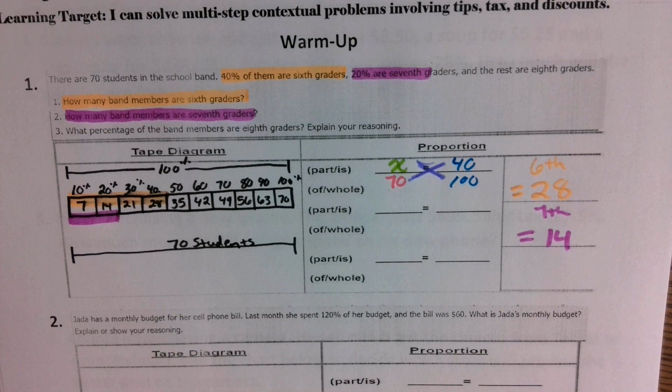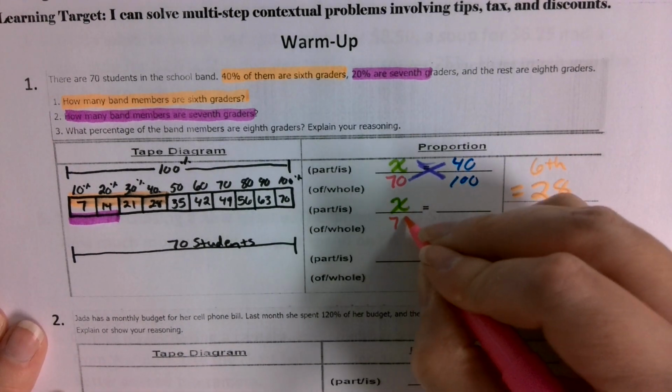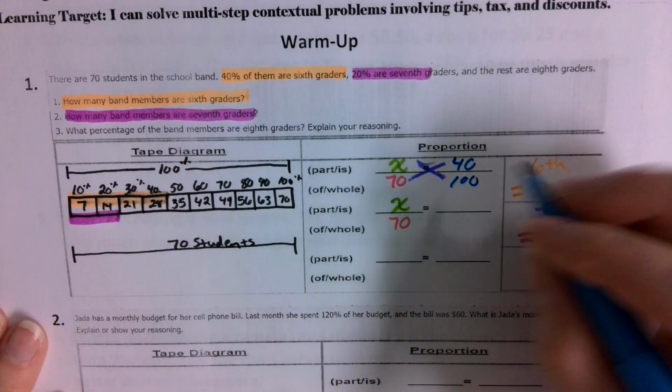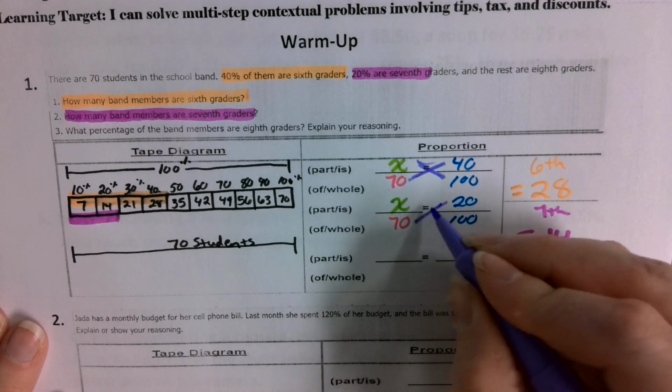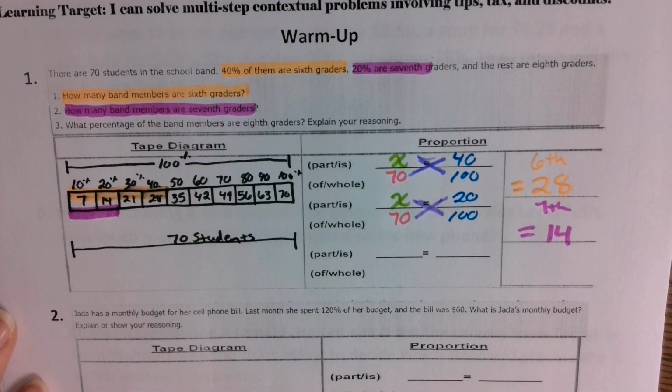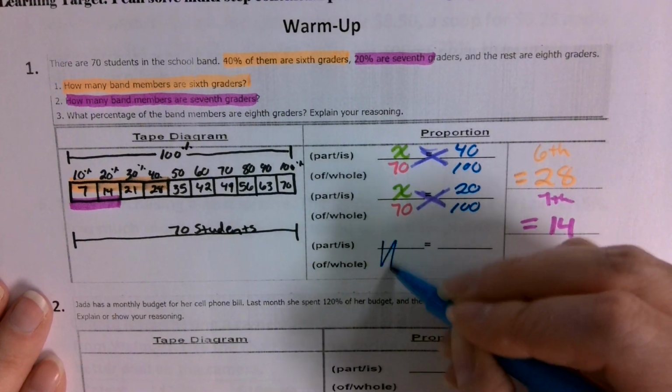And again, I can set up a percent proportion. I can say X over 70 is equal to 20% over 100. I'm still going to get the same answer when I do my cross product. Now, I don't need a proportion for my last one.